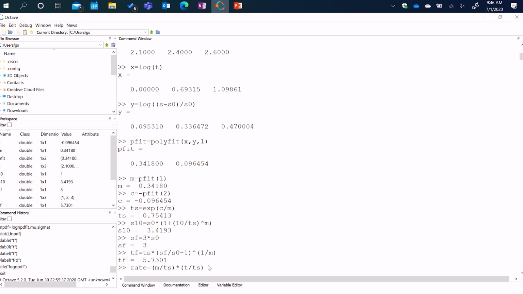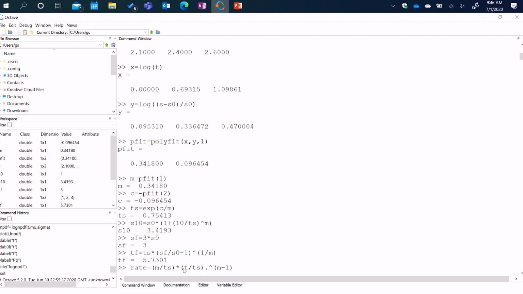And in order to do that, instead of raising it to the power m minus 1, if you put a dot before that power operation, that dot would apply the operator that follows to each element of my array T. So what I'm going to do is dot m minus 1.